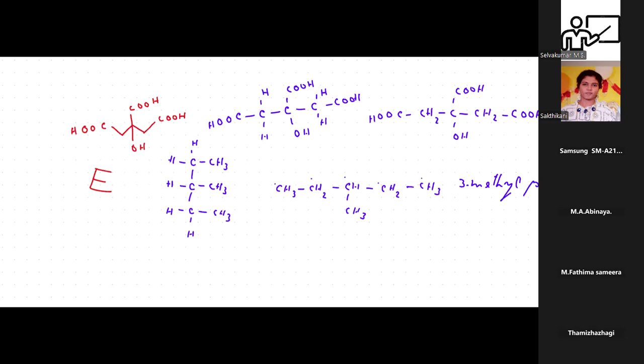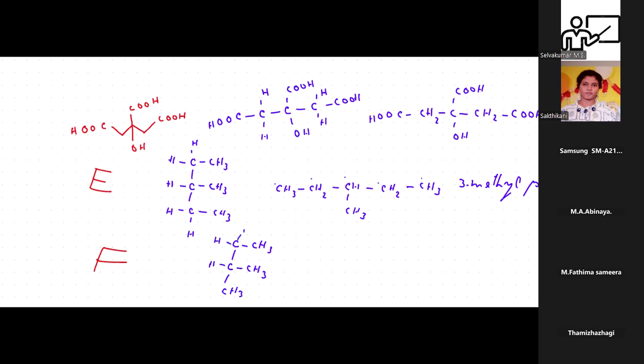Similarly, how will you write this compound? C, CH3, C, CH3, CH3. So here is 1 hydrogen. Here 2 hydrogens are to be put.